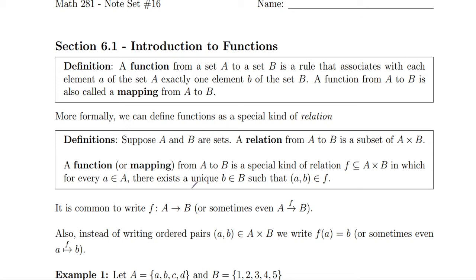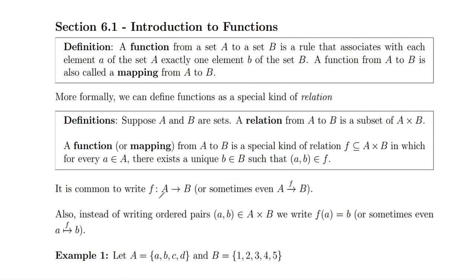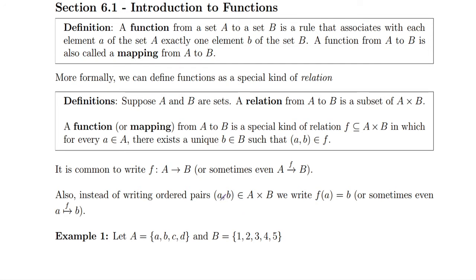So some other notations that are common, you could write your function like this. You could say f and then colon A to B. This kind of designates where your inputs are coming from and where they're going to. You could also write it like this, and then instead of writing ordered pairs of elements, you would usually write it in this way.